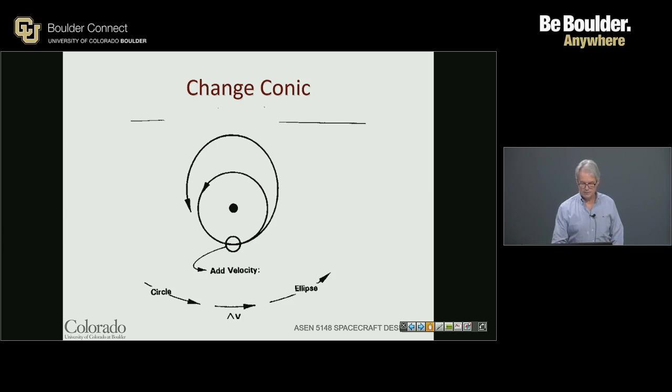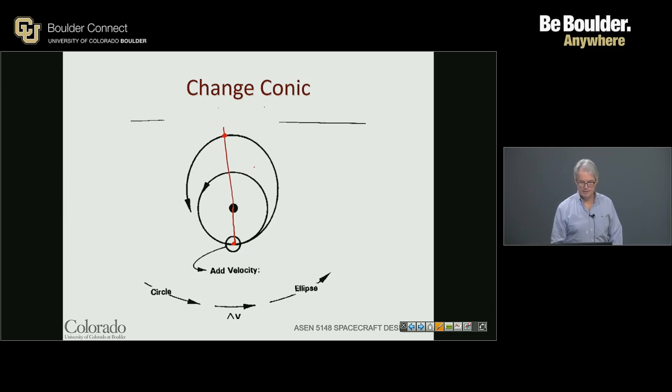If we're on a circular orbit, okay, and we add velocity at a particular point to that vehicle, we change the orbit of that vehicle. So if we're in a circular orbit to begin with and we add velocity right at this point, we change the orbit. And now we create an eccentric orbit that has a periapsis and apoapsis. The spacecraft returns and comes back to this absolute point.